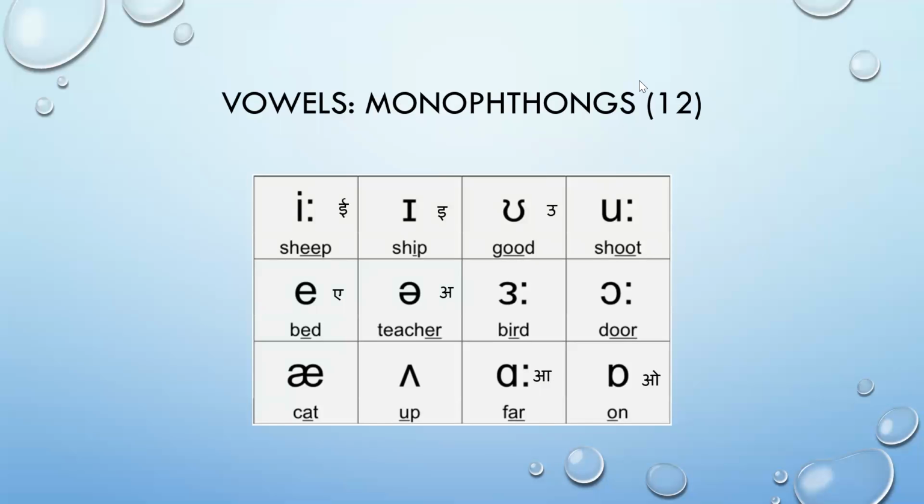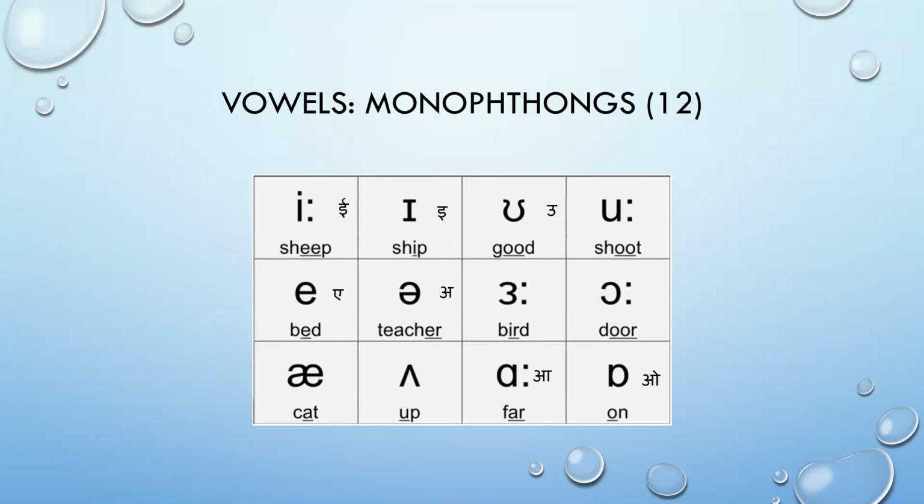Before I begin, maybe you can just take a look at these phonemes. Are there any that look similar to you? Maybe you can see I here, U here, E here, and it might be quite confusing. Well, don't worry, we'll start off with some examples.